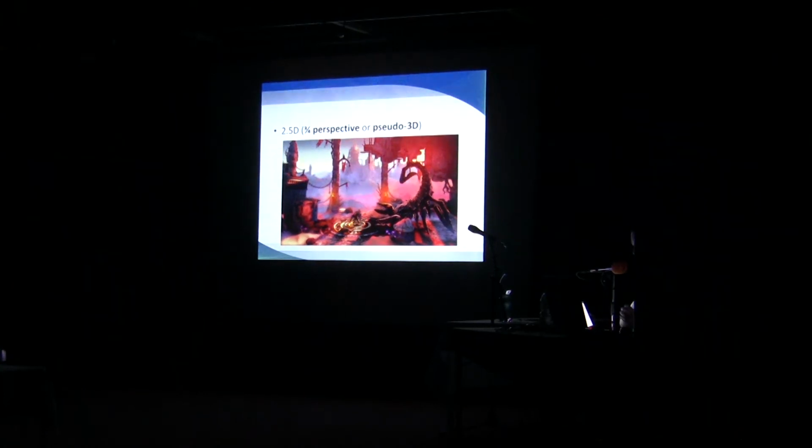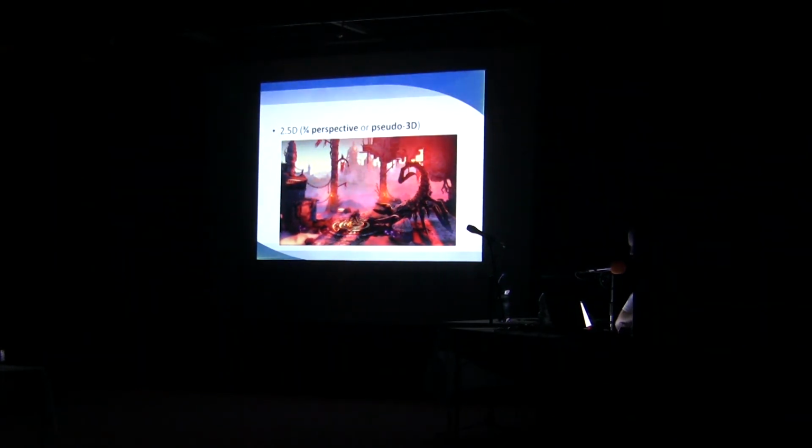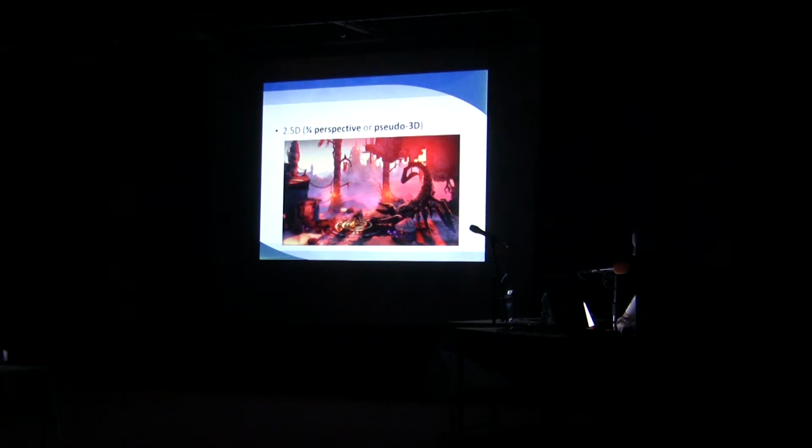There's also 2.5D, three-quarter perspective or pseudo 3D. It's when the characters and also the backgrounds are 3D, but everything is only in one plane, the 2D plane. For example, this is an image from the game Train, and you can move only left and right. You can't go forward or back.